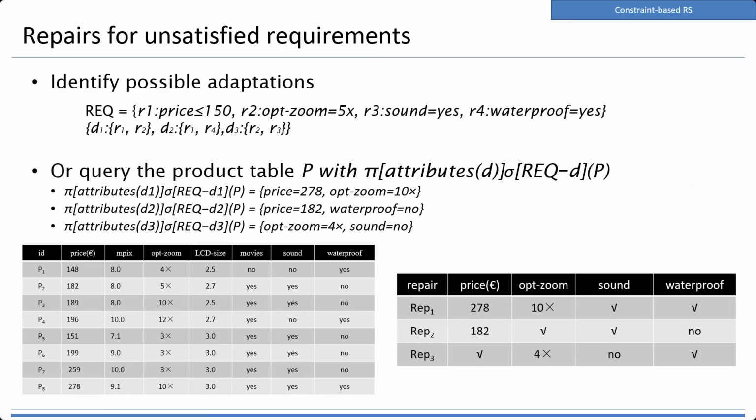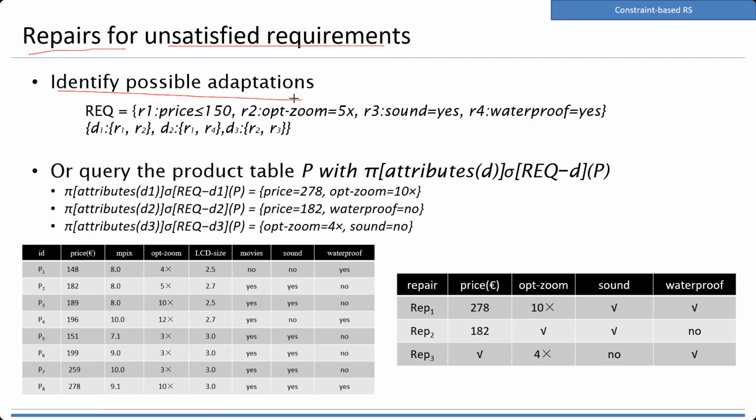We can also do the repair. As I mentioned, we can repair the unsatisfied requirements. Repair means revision. We can make changes to the unsatisfied requirements. We can identify the possible adaptation.